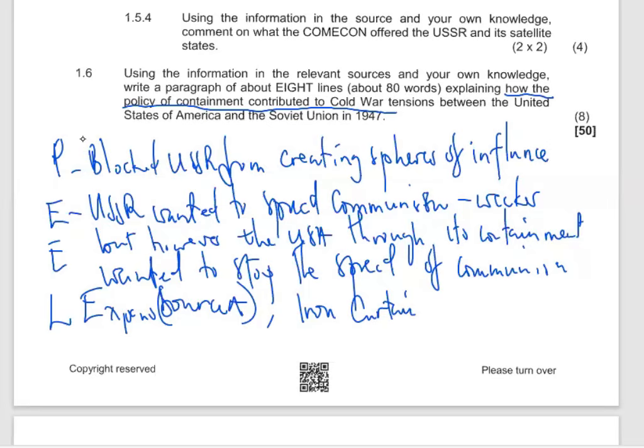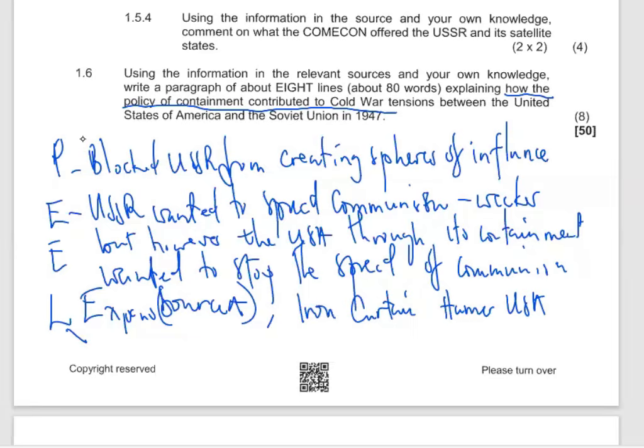You can go to the source of the cartoon, where there is the hammer of the US aid. It's evidence. Through the Truman Doctrine, the USA supported Greece and Turkey to resist Russian invasion. It's evidence that you get from that source. So you can figure out your evidence from different sources.